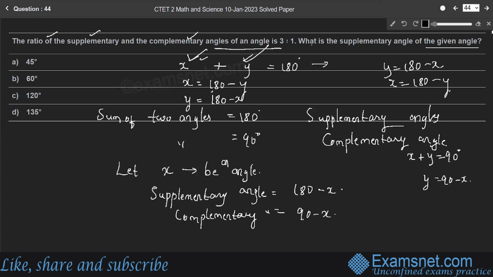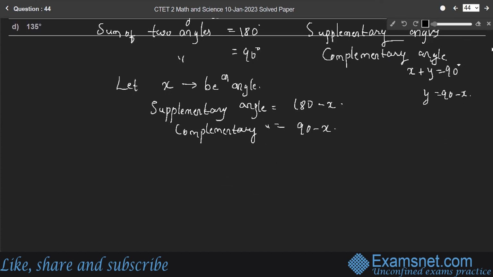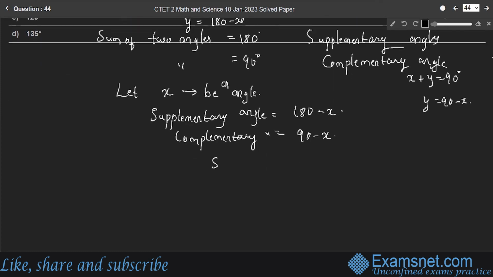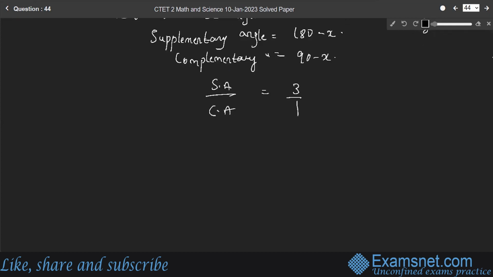Therefore, 180 minus x and 90 minus x are the supplementary and complementary angles. And the ratio is given as 3:1. So we'll consider the supplementary angle to complementary angle ratio as 3 by 1. So 180 minus x over 90 minus x is equal to 3:1.